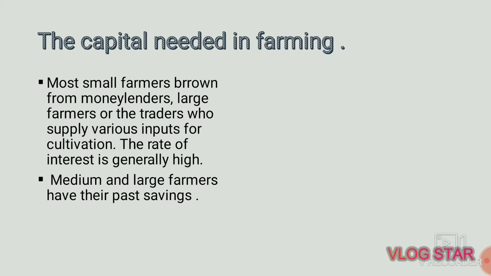The rate of interest is generally high, so these small and medium farmers like Dala and Ramkali have already taken a loan from a money lender, large farmers, or the traders who supply various inputs for cultivation. And they generally charge a very high interest rate. So you have seen that Dala took a loan of 1000 and he has to pay double the amount.